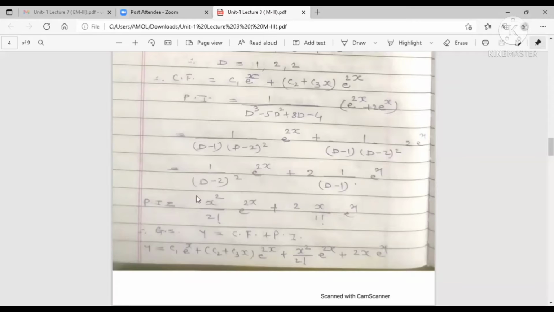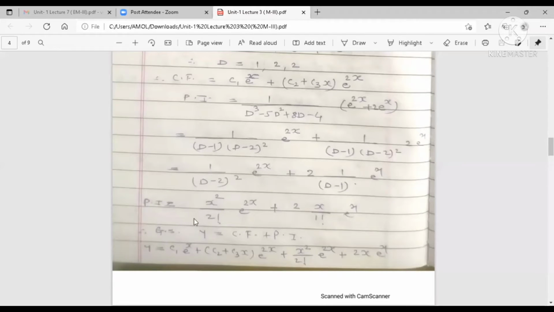Now again solve for (D minus 2) whole square. Here the function is e raised to 2x. If we replace D by 2, then it is a case of failure. So it is of the type 1 upon (D minus a) to the power r into e raised to ax. The formula is here. The value of r is here 2.